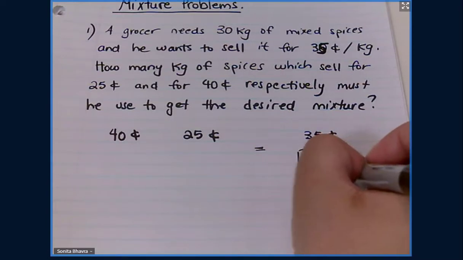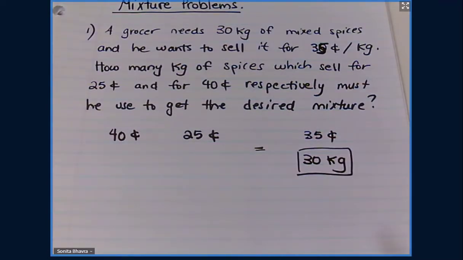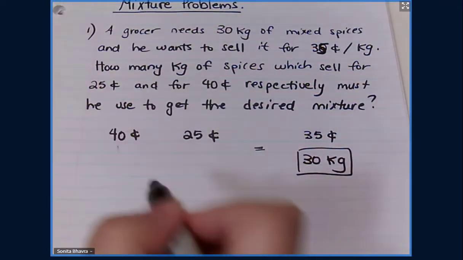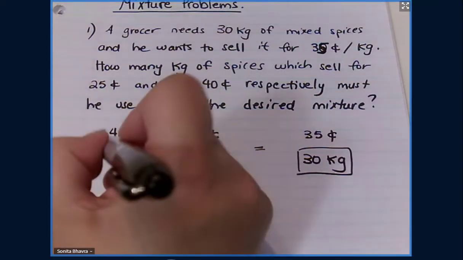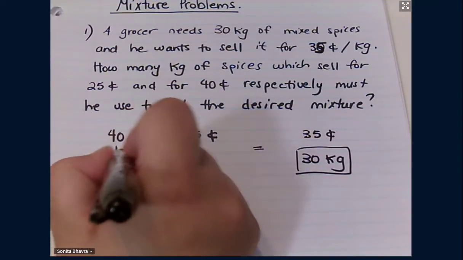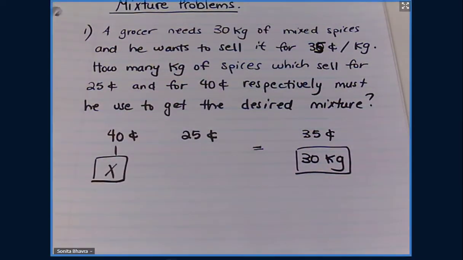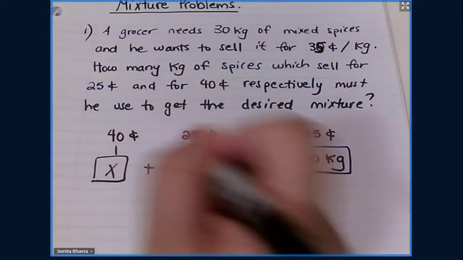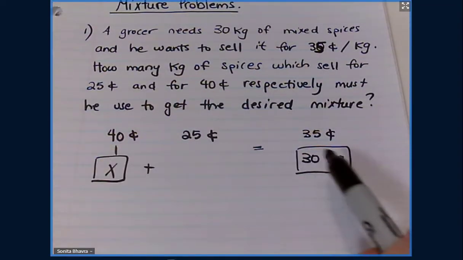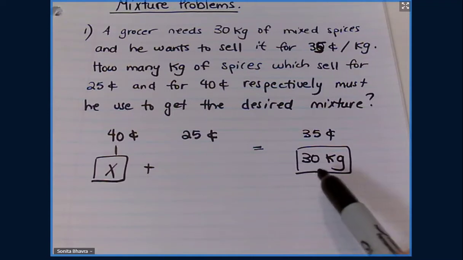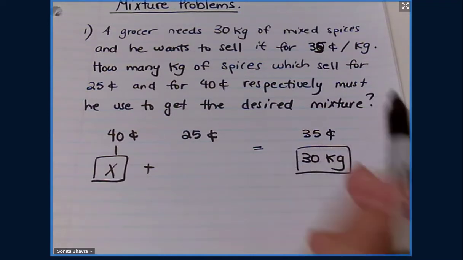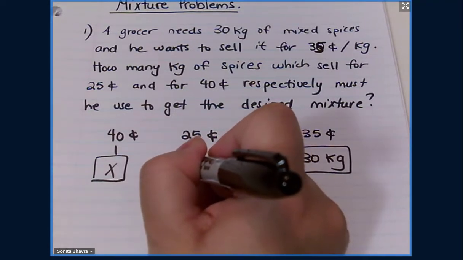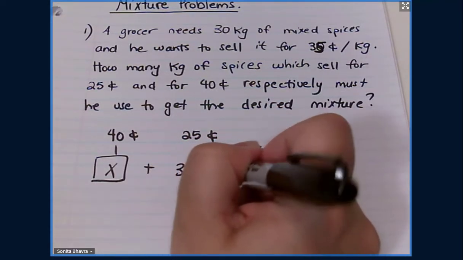So we're going to call the 40-cent spice X. And our 25-cent spice will therefore be 30 minus X, because we know the total kilograms is 30 kilograms.